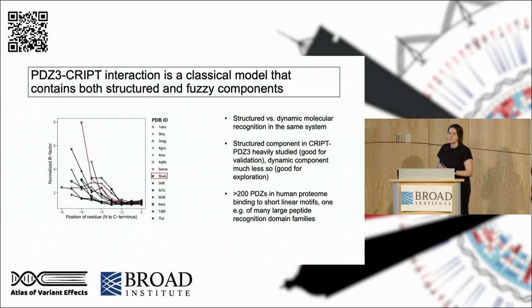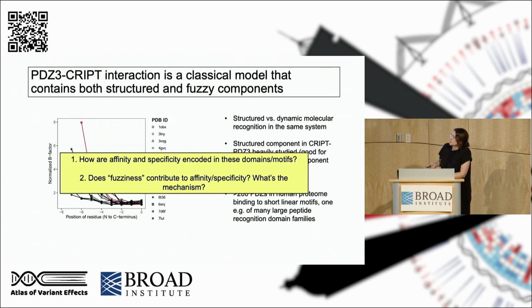And also, the PDZ domains are the largest family of domains in the human proteome, binding to many, many short linear motifs. So it's just very interesting in general to study how, for example, specificity is achieved in these large protein domain families.